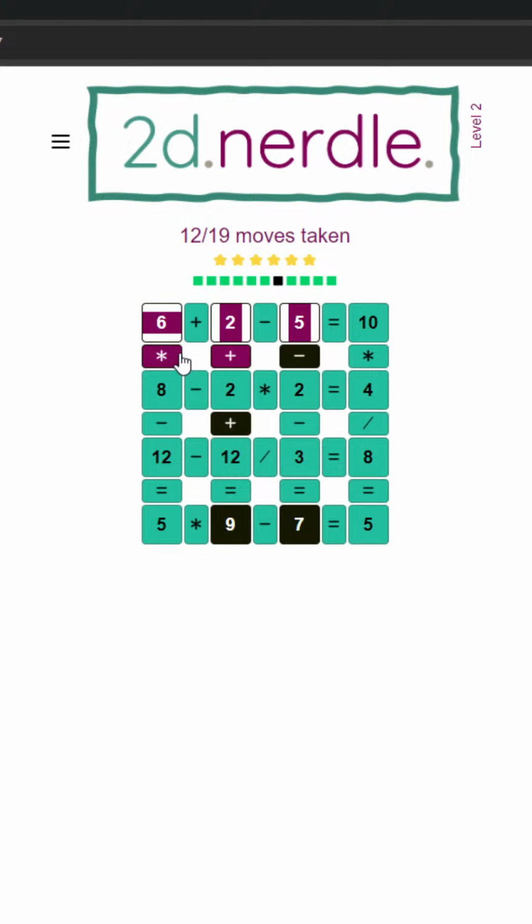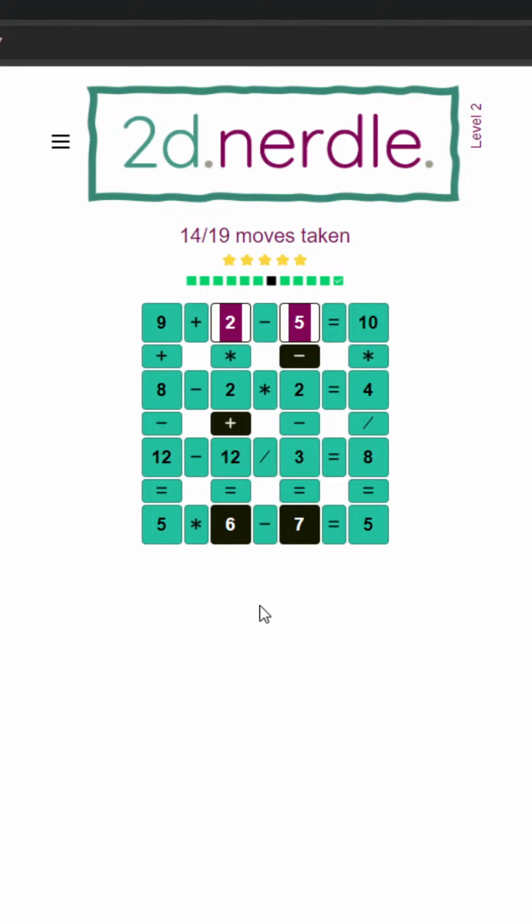Six plus... Okay, this isn't even right. This is probably plus. 7 plus 8 minus 7, 9 plus 8 minus 12. This is correct. I have 5 moves left.